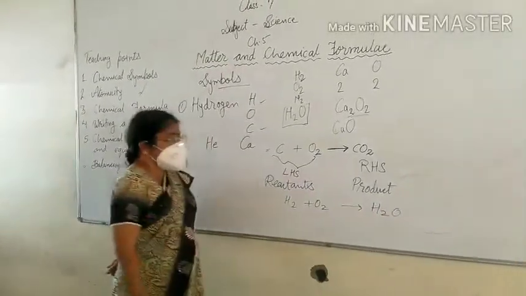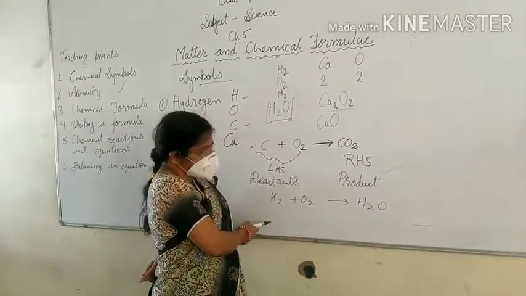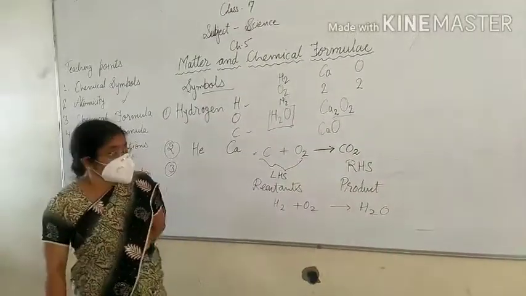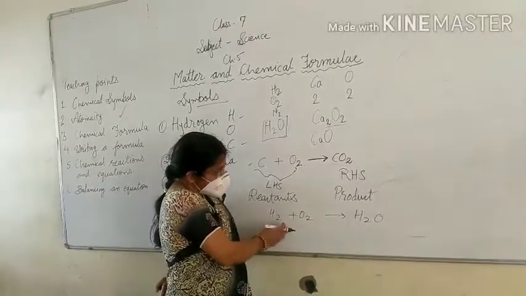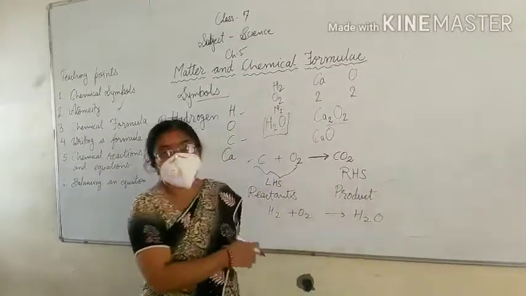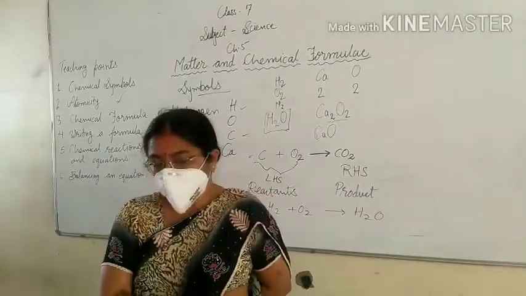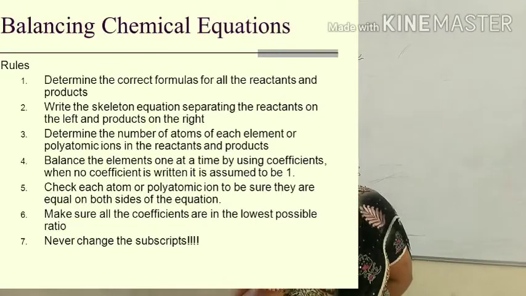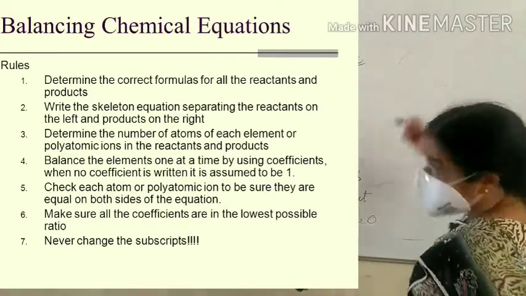Here, the number of hydrogen and oxygen atoms on the left hand side and right hand side are not similar. So to make the numbers similar, we will balance the equation, and this is called a balanced chemical equation. Now how this chemical equation can be balanced, we will understand by this example.